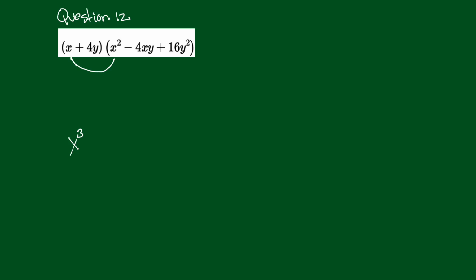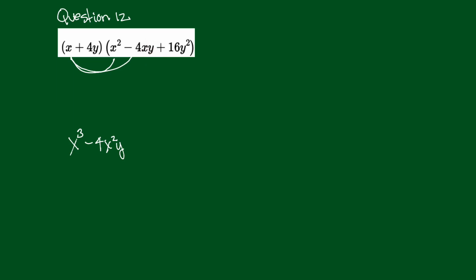Now, x again. Run it here. Positive x times negative 4 is negative 4. Now, careful, I get an x times an x, so there's the x squared, but there's still that y multiplying, right? I still have this y here multiplying. So I get negative 4x squared y.